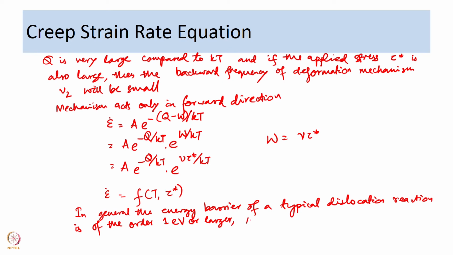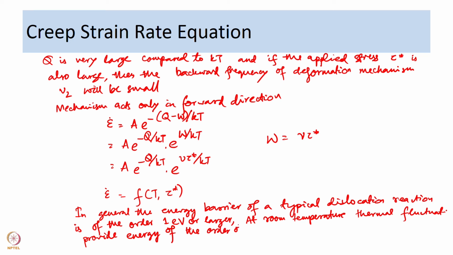At room temperature, the thermal fluctuations provide energy of the order of 1 by 40 electron volt, and at high temperatures, say around 900 degrees centigrade or so, the thermal fluctuations provide around 1 over 10 electron volt.